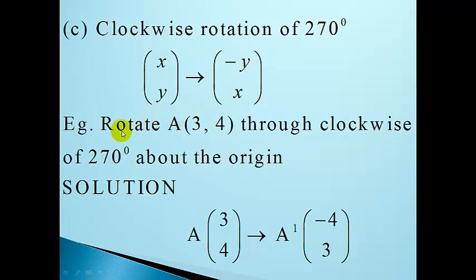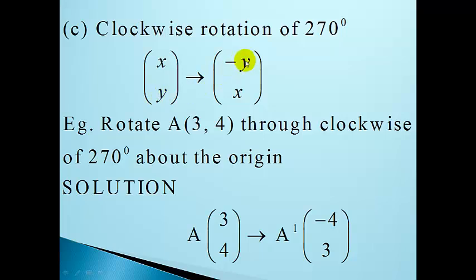Now let's look at this example. Rotate A(3, 4) through clockwise of 270 degrees about the origin. Solution: given the point A(3, 4), if you are rotating it through clockwise of 270 degrees about the origin, take note that the rule is xy maps to minus yx.